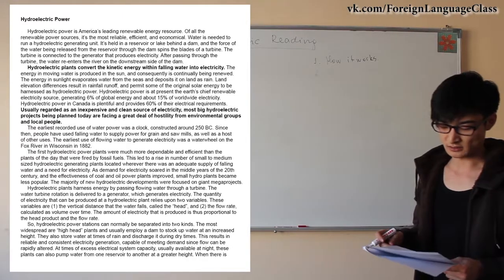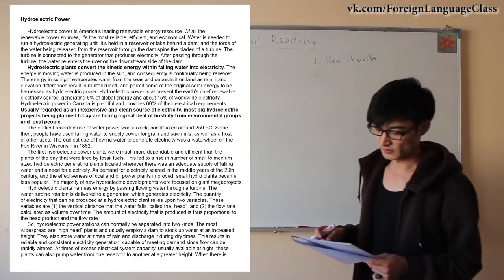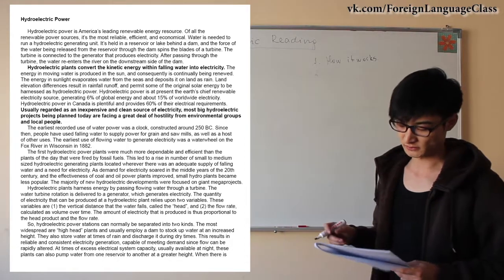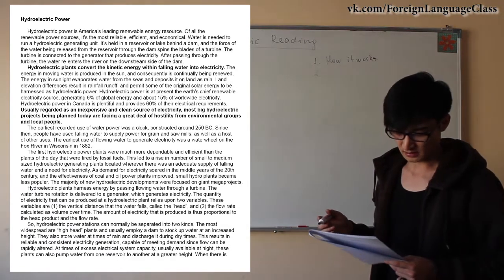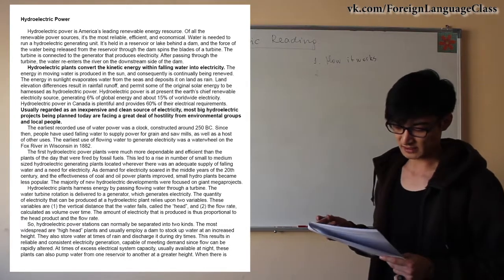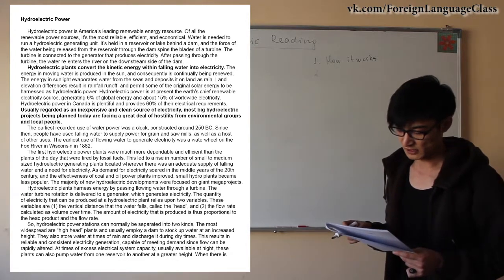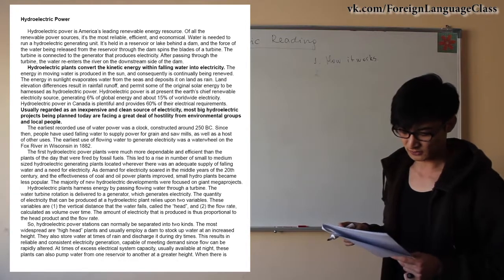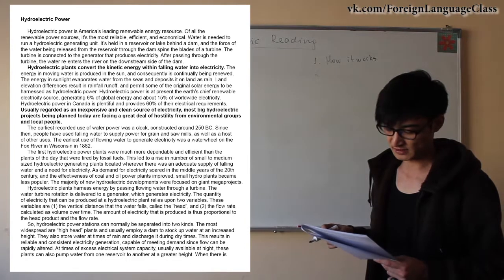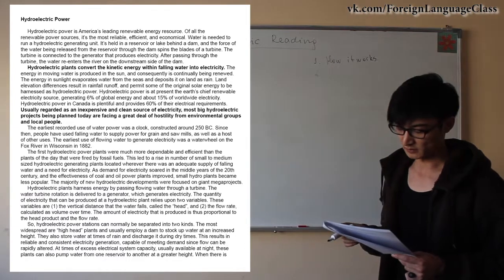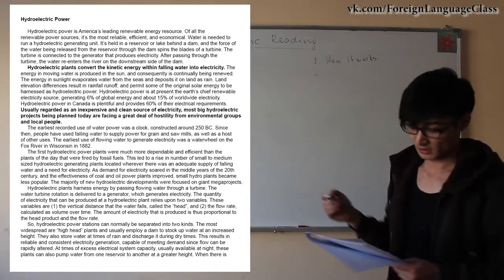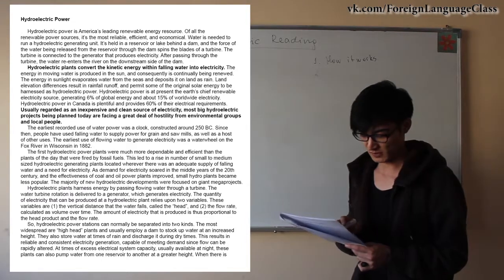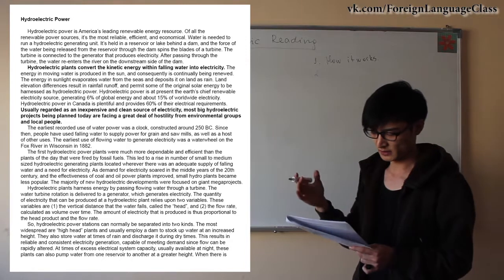Hydroelectric plants can convert the kinetic energy within falling water into electricity, and the last sentences: usually regarded as an inexpensive and clean source of energy. Most big hydroelectric projects being planned today are facing a great deal of hostility from environmental groups and local people. So, what do we have here?